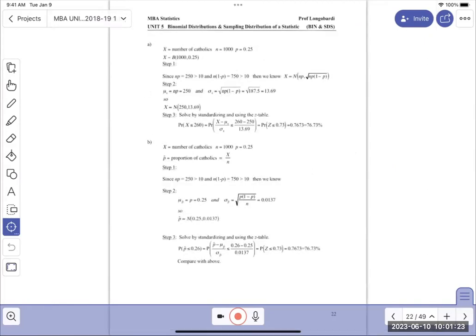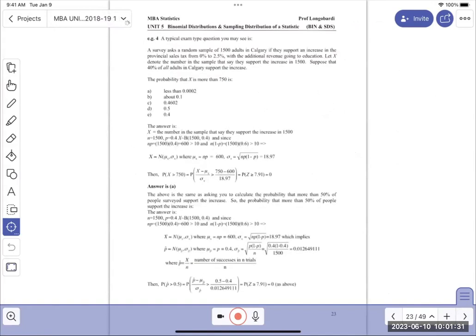So that's why I discard it for the final exam, because in fact, I mostly solve problems with proportions in the end anyways.